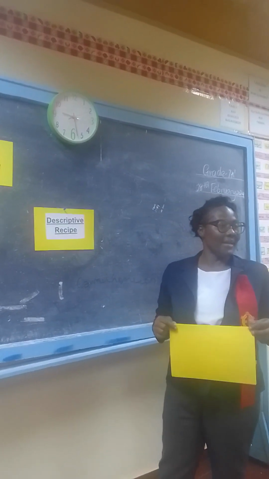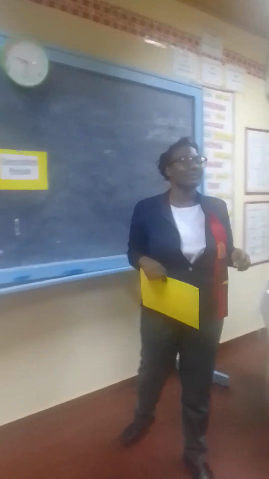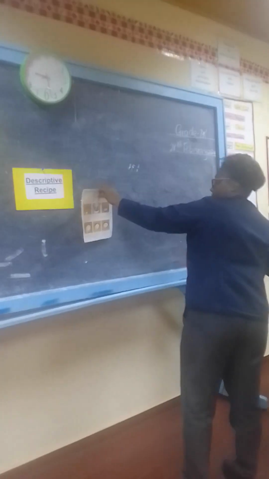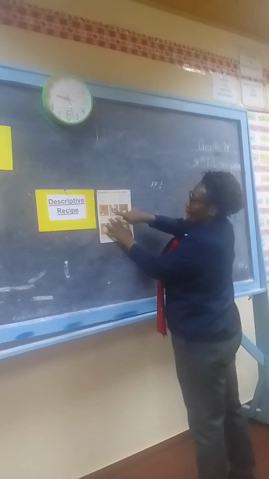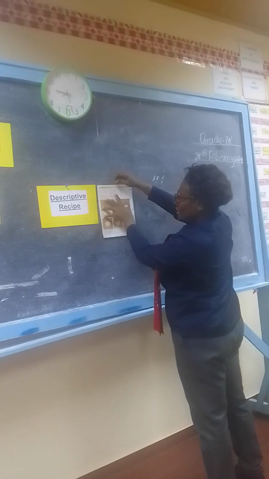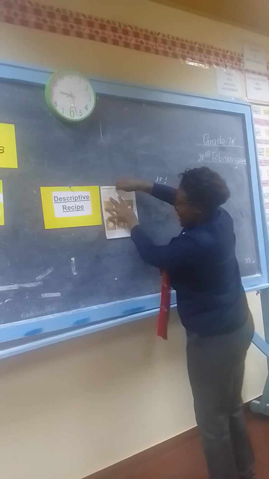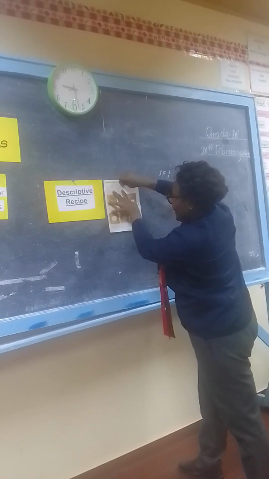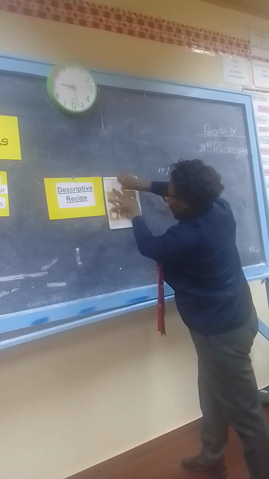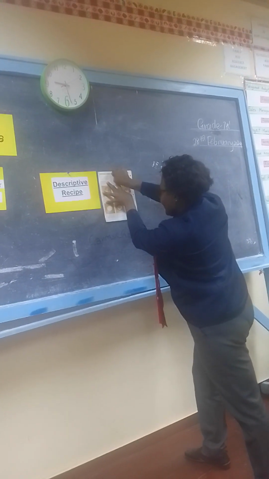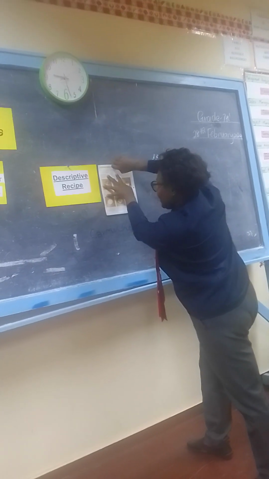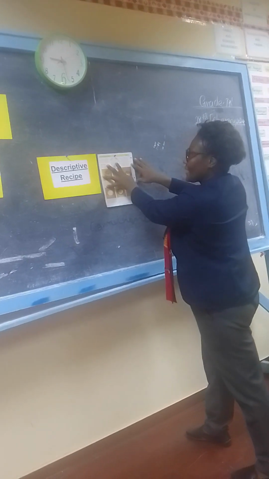Can you find a sample of a recipe that has pictures? It looks like this. Thank you very much. So this is an example of a descriptive recipe because here we have pictures showing us what we must do in order to get the dish prepared. That's what tells it apart.